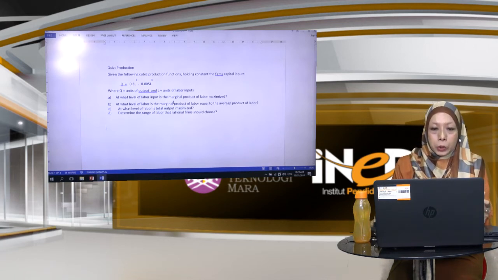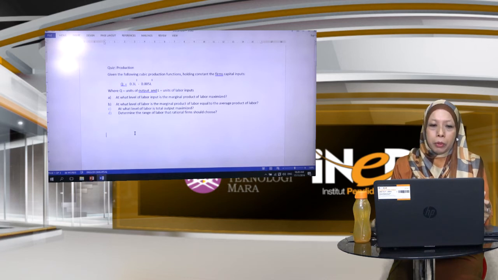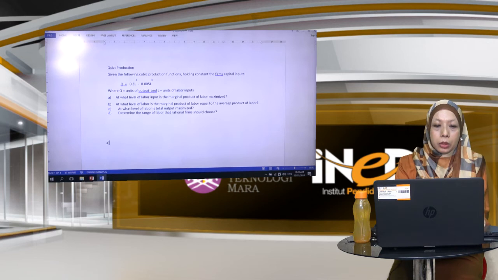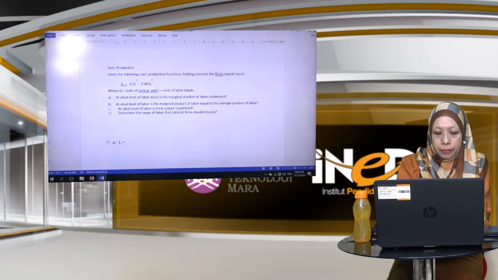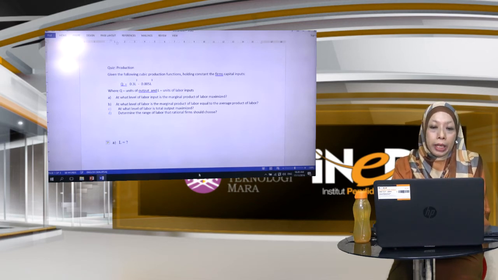If you look at the first question, it says: at what level of labor input is the marginal product of labor maximized? In other words, the first question wants you to identify the number of labor units when marginal product is maximized.